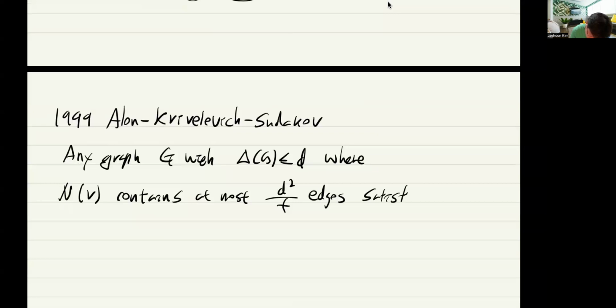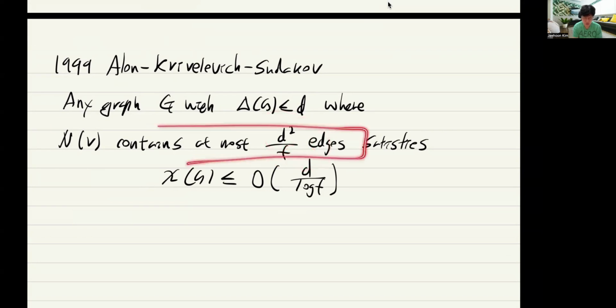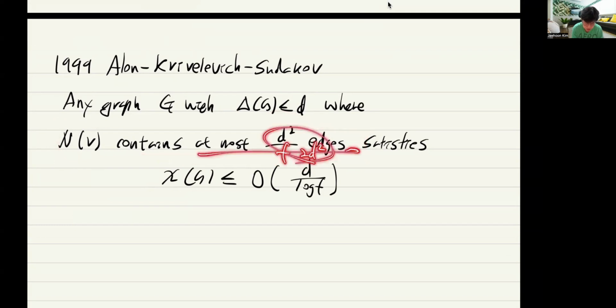It satisfies that the chromatic number is at most some constant times d over log f. So if f is, say, 2 times d squared, then at most half an edge means no edges.